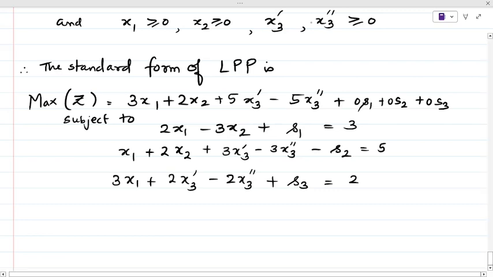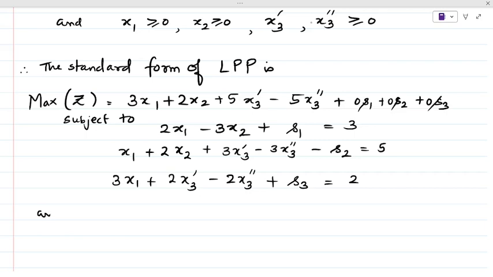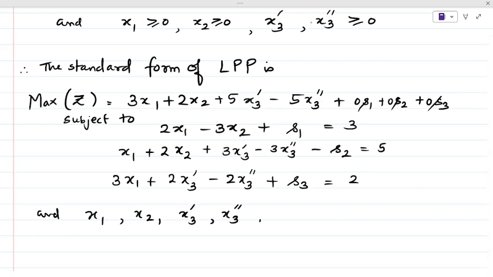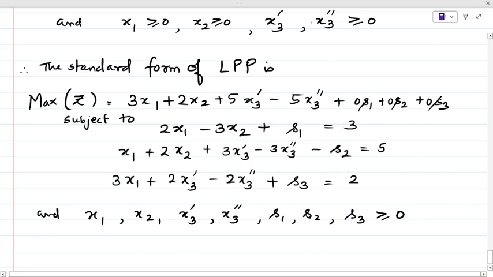So 0 s1, 0 s2, 0 s3. And the non-negativity conditions will be x1, x2, x3 dash, x3 double dash, s1, s2 and s3, all these are greater than or equal to 0.